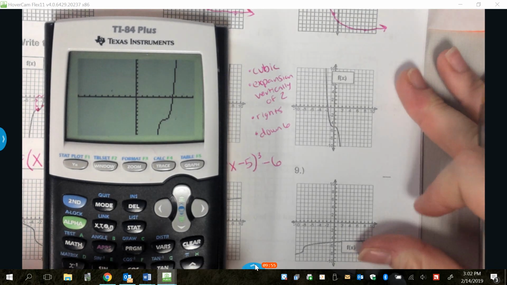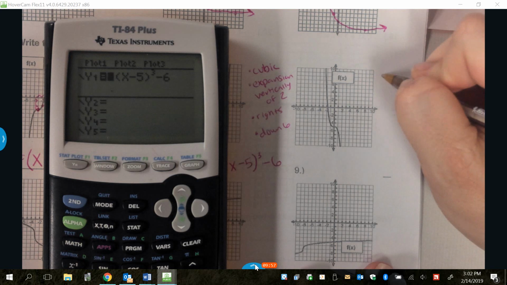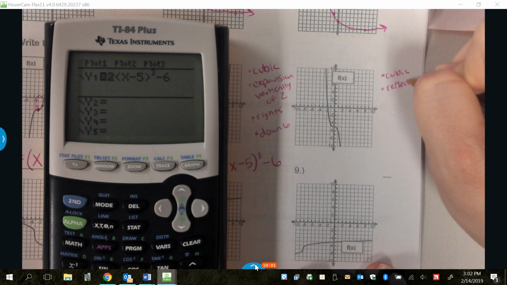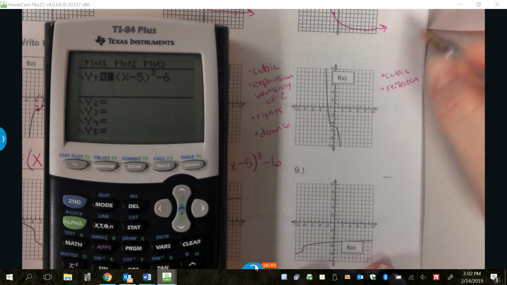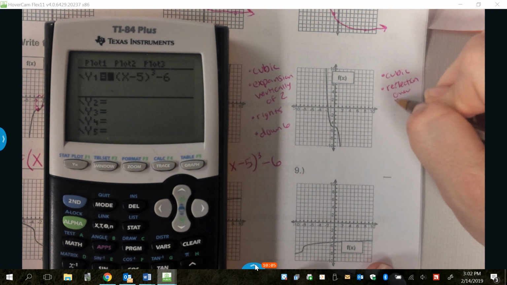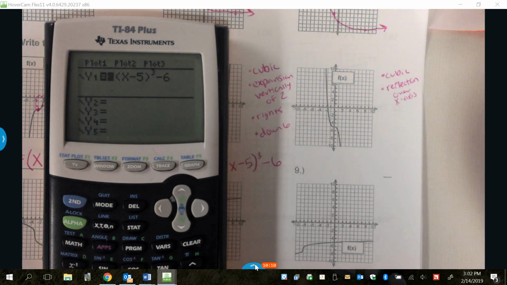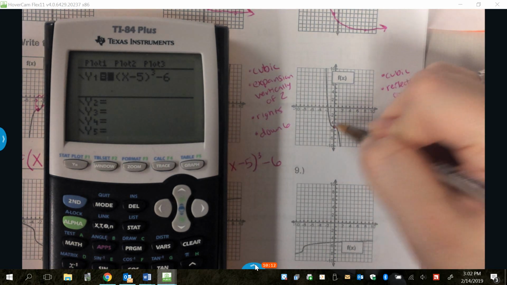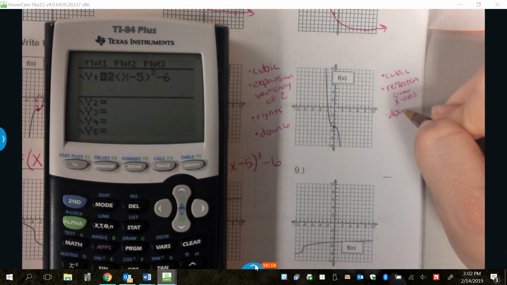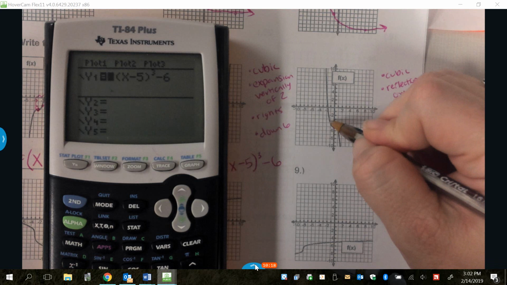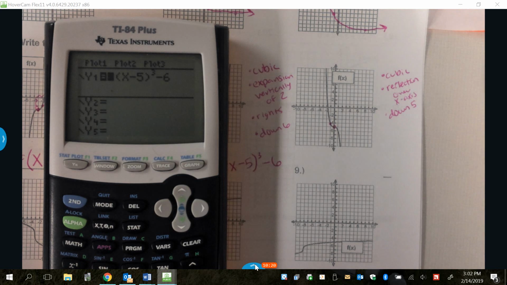So let's look at number 9. Again, it's cubic, but this time it's decreasing, which means there's a reflection. I always do a reflection over x, so an outside change. Okay, here's mine. So it only went down 5. It did not shift left or right. And my pretty point's up 1 over 1, so there's no expansion or reflection.